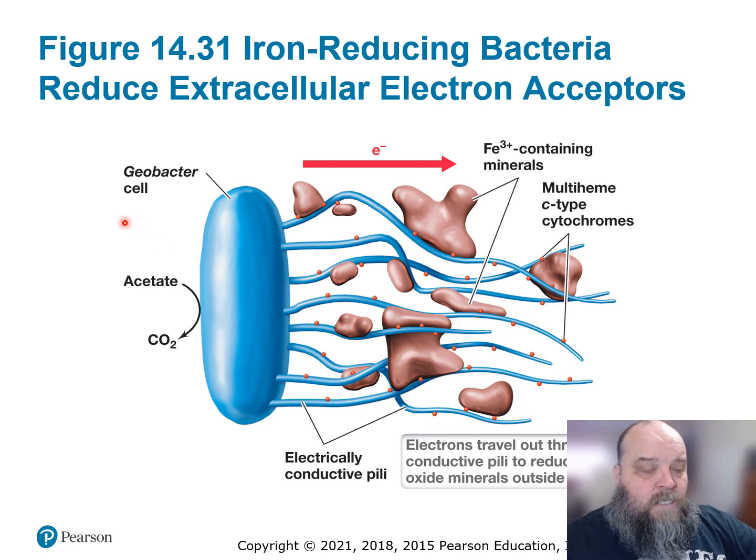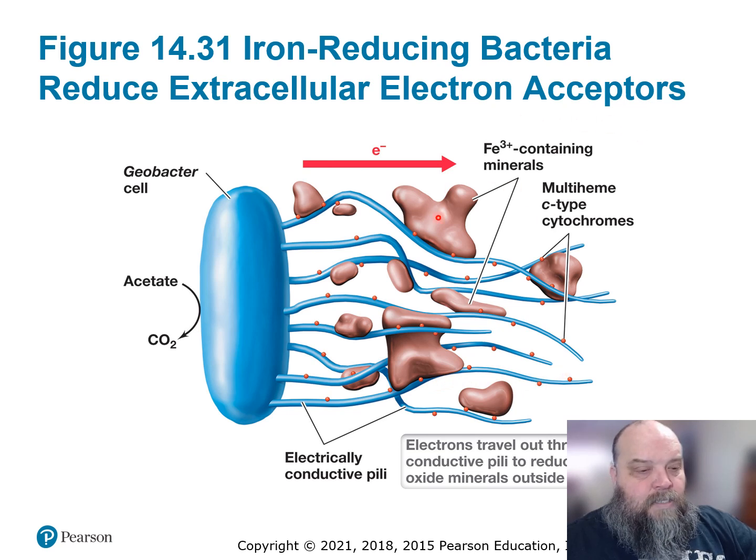Geobacter, the example on the previous slide, takes acetate, breaks it down, and releases it as CO2 as part of its metabolism. Remember, acetate is a 2-carbon compound. It breaks it down, releasing each of the carbons as CO2. In the process, it's releasing electrons that are flowing down, interacting with these pili. These pili are conductive, aiding in retaining these electrons and allowing them to spread down.